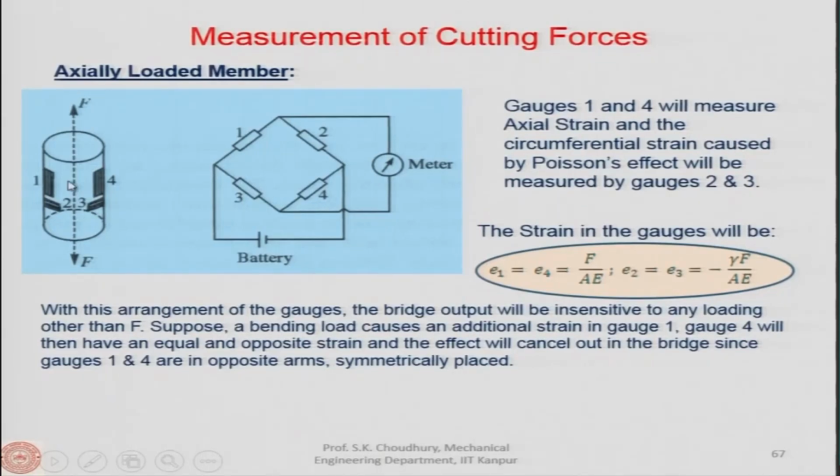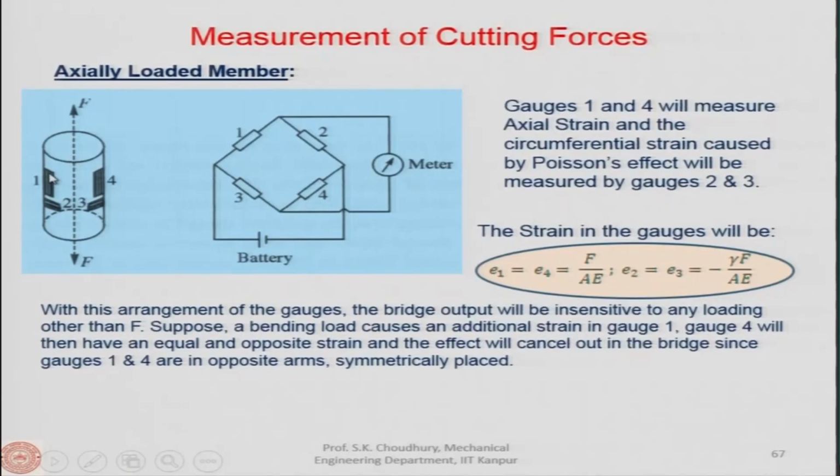Then it was discussed that if these strain gauges are arranged in the form of a Wheatstone bridge, the strain given by 1 and 4, which will be the axial strain, will be equal to the force divided by the area and E, the modulus of elasticity of the material of the member.